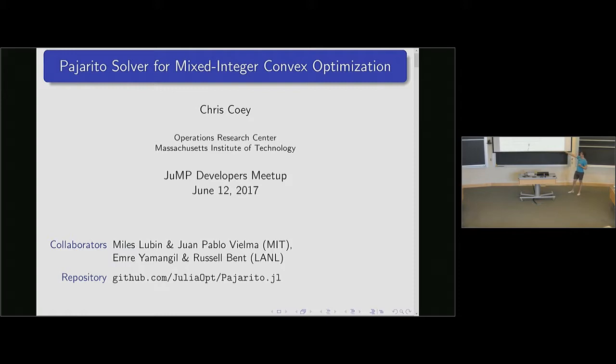More recently, I've been working on it with Miles and Juan Pablo, in particular on the Conic algorithm, rather than the nonlinear NLP algorithm. So this presentation is going to focus a lot more on the Conic side of things. But at the end, I'm going to give you time for questions, and probably Miles would be able to answer the NLP questions better than me.